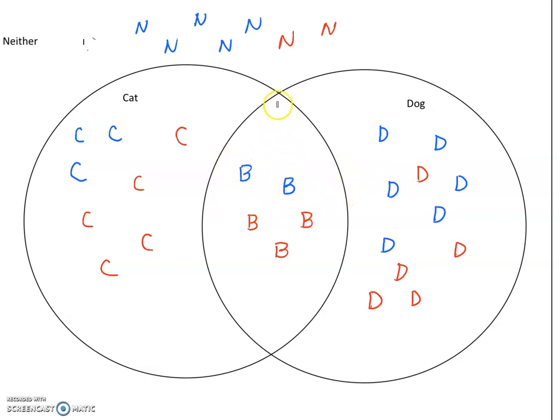Families that have both, they're the ones that go in this overlap that I'm halfway shading yellow here. But remember, that covers the whole overlapped area. And then, of course, families that don't have either type of pet, those kids are in the sample space, which is our whole box, but they're not in either the cat circle or the dog circle because they don't have any pets.